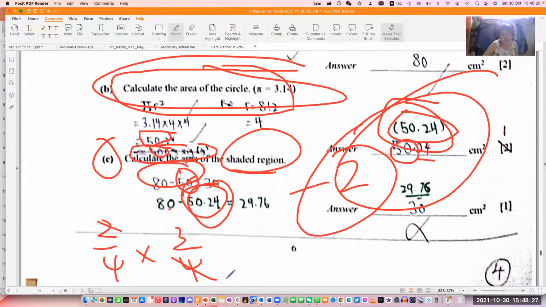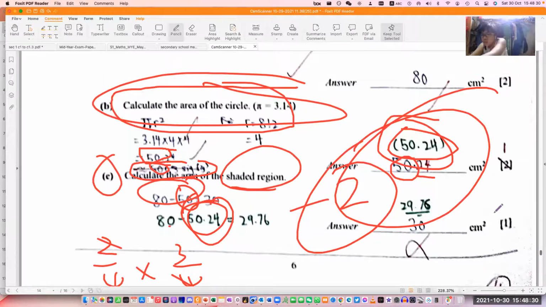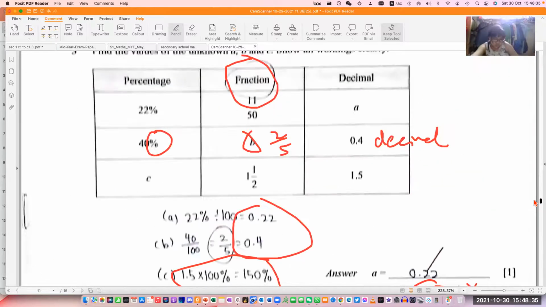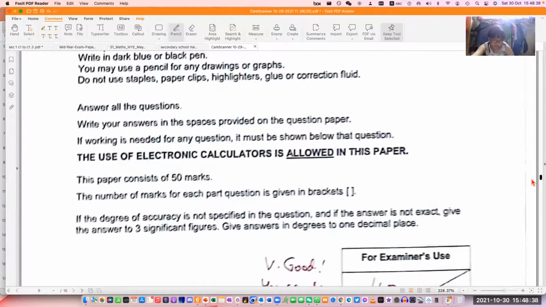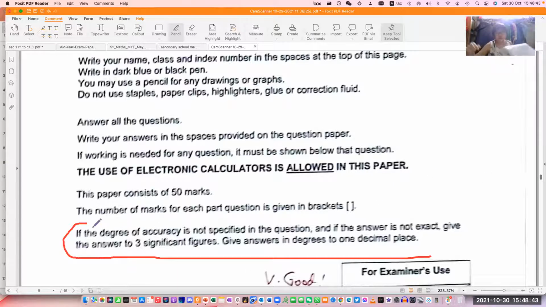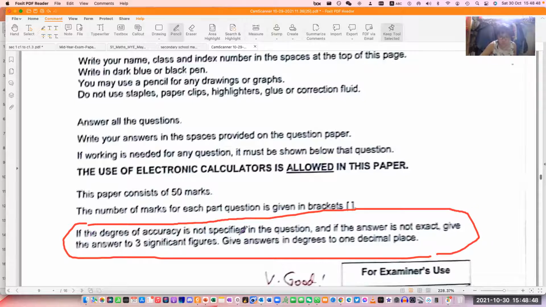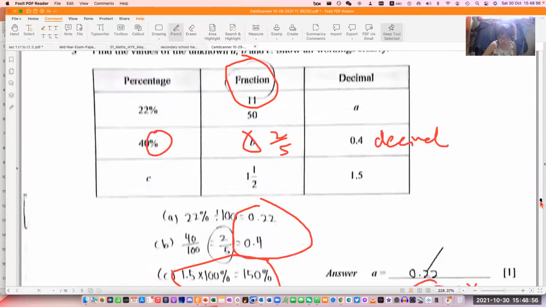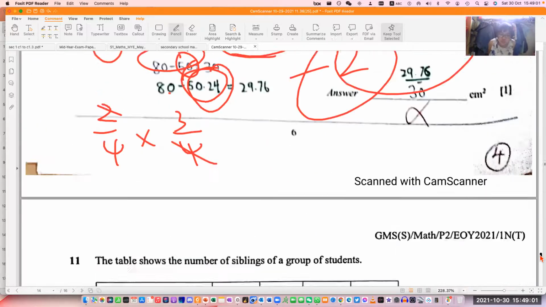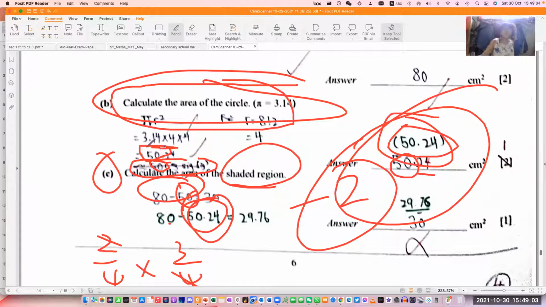Because the front page says... Okay, let's go to the front page. Talk about here? Yeah. If the degree of accuracy is not specified, and if the answer is not exact, give the answer. Okay, is this not exact? 50.24. Is 50.24 not exact?